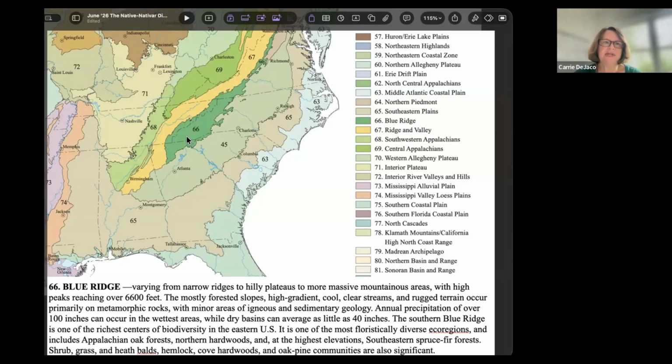So if I were in zone 66, for example, I might also choose plants that might be native to ecoregion 68 here, or possibly 67 as well. But with 67, you'd have to be really careful because you don't want to get plants that are native to the northern part of that ecoregion, as your temperatures are likely to be warming up quite a bit. So I'd probably consider things that are south of the area here to be ones that would be reasonable natives.